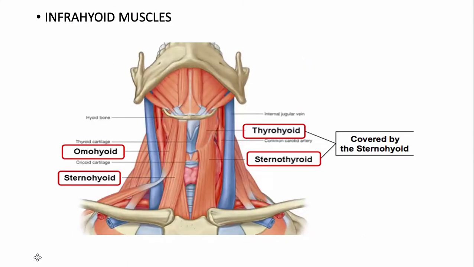While the infrahyoid muscles are the omohyoid, the sternohyoid, the thyrohyoid muscles, and the sternothyroid muscles. This group of muscles are also referred to as the strap muscles of the neck.